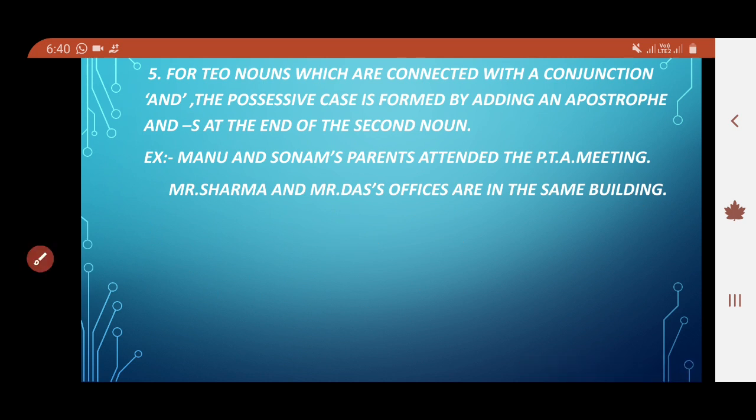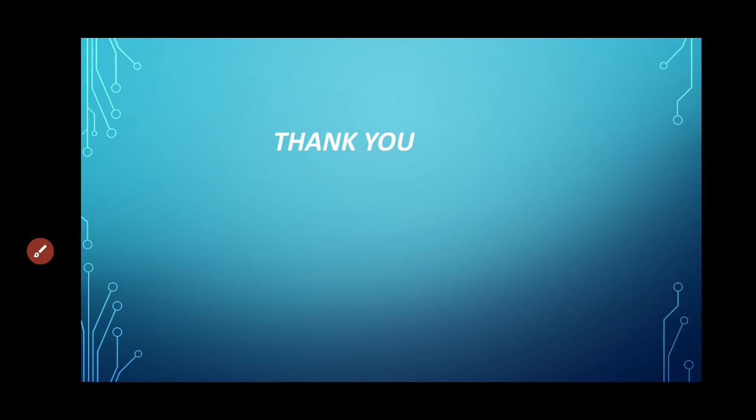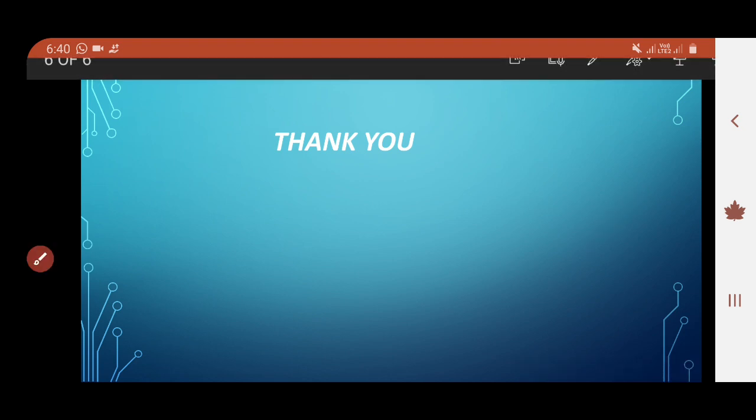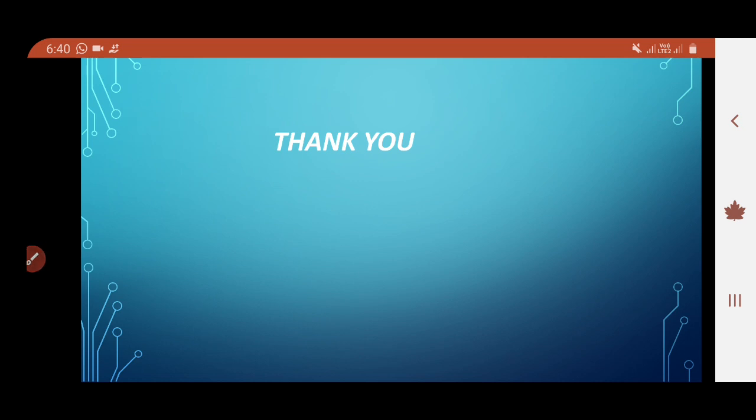So okay students, I hope you are clear with the 5 rules that we have learned today. So the first rule was about a singular form of noun, where we can put the apostrophe and then an s at the end of the noun.